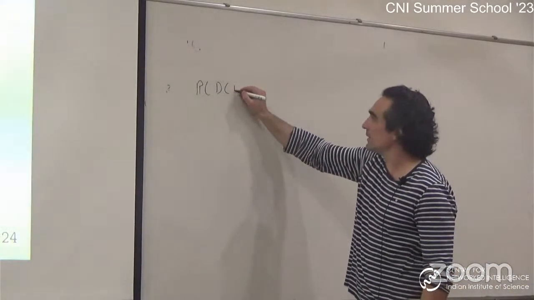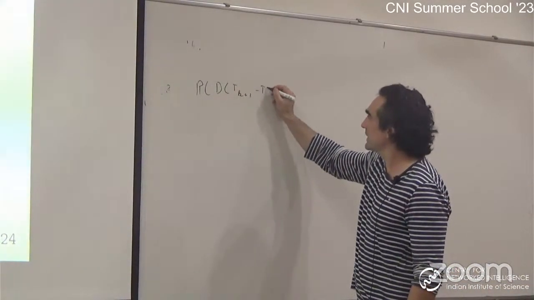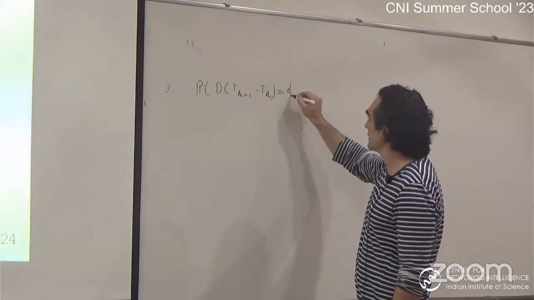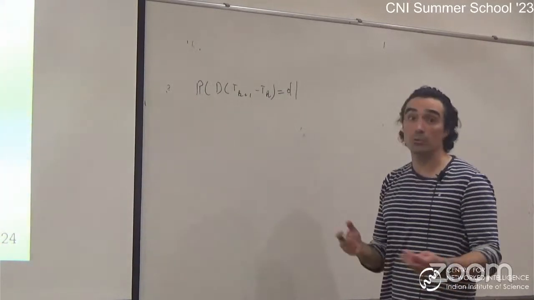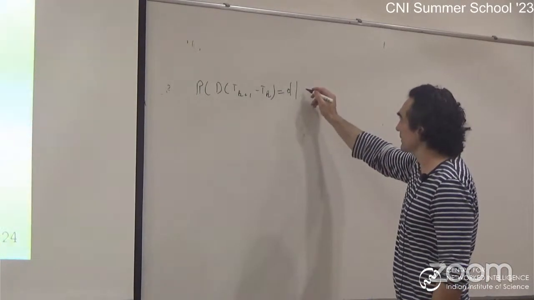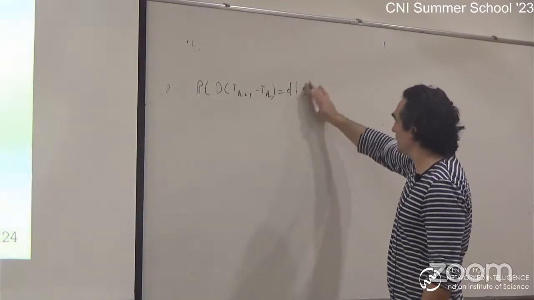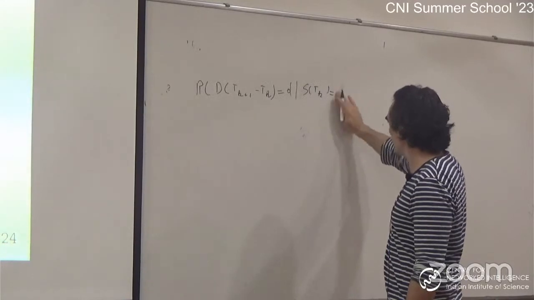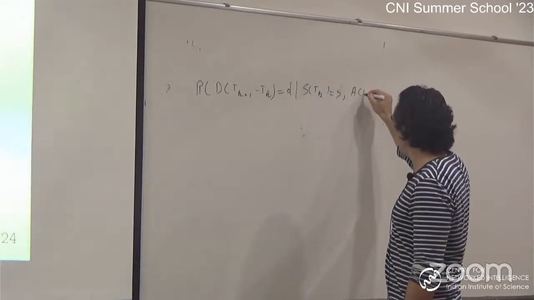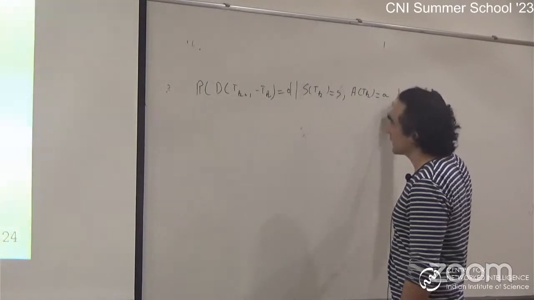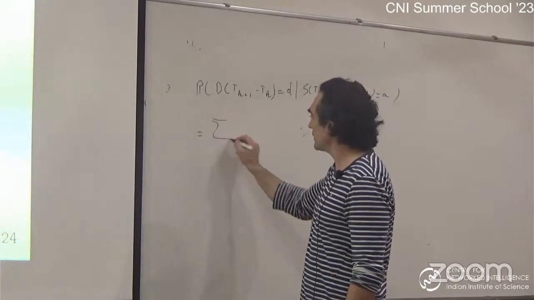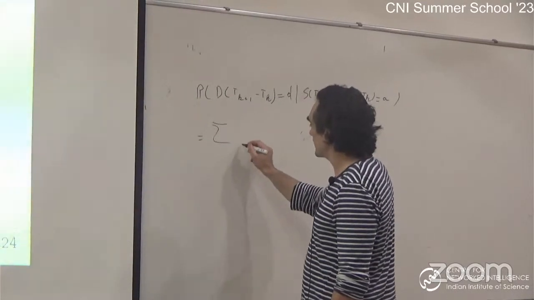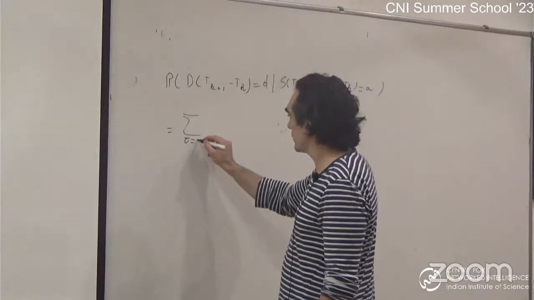So the probability of k plus 1 minus k is equal to E, knowing this time we want the arrival time, knowing S of k and A of k, is equal to what? To the summation of tau equal to 0 to plus infinity.